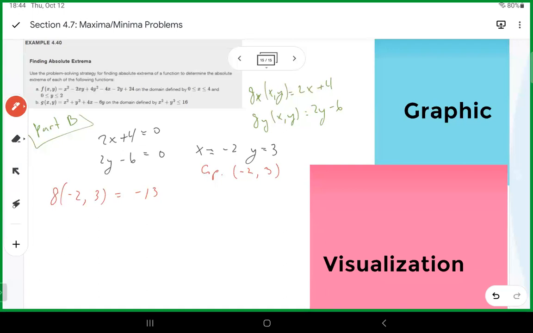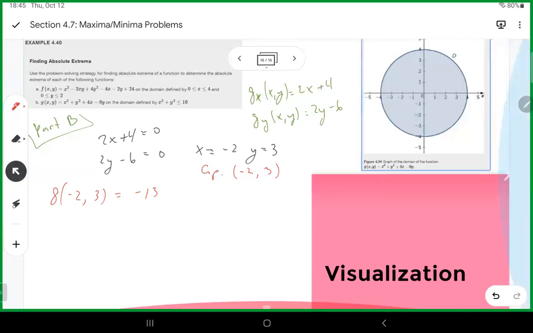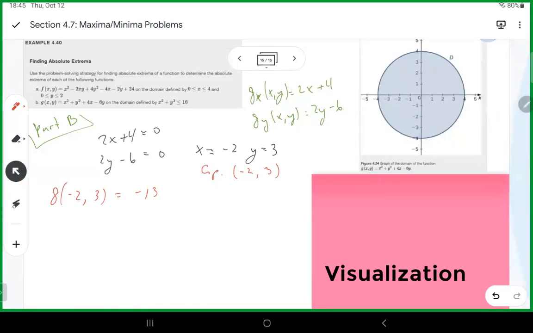Okay. All right, so we want to take a look at this graphic first. All right. So the boundary of the domain of G can be parameterized using the following functions. So we have x of t equal to 4 cosine t.